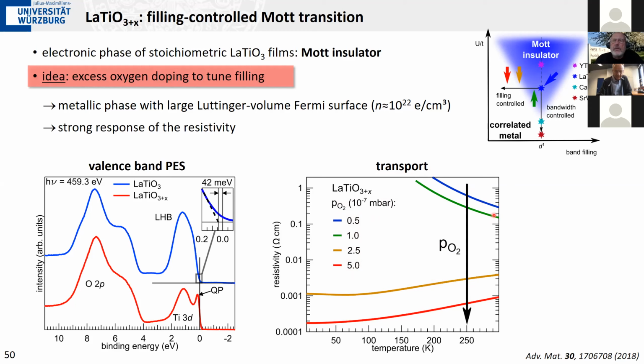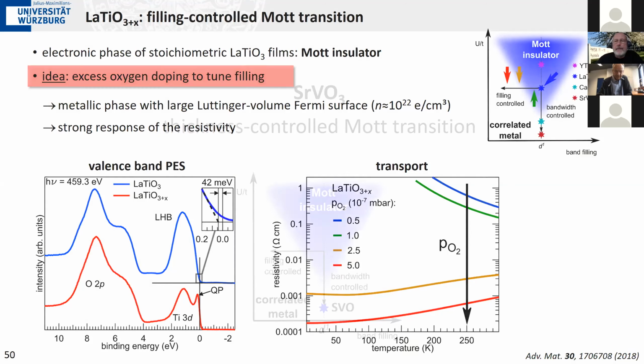We put a little bit more oxygen in, still an insulator, even though the resistivity has decreased a little bit. And as you go across a certain threshold, you find that you cross this boundary towards a metallic situation and you find this metallic conductivity. So spectroscopy and transport are fully agreeing here. And that's a good starting point for playing around with this now in device-type geometries.